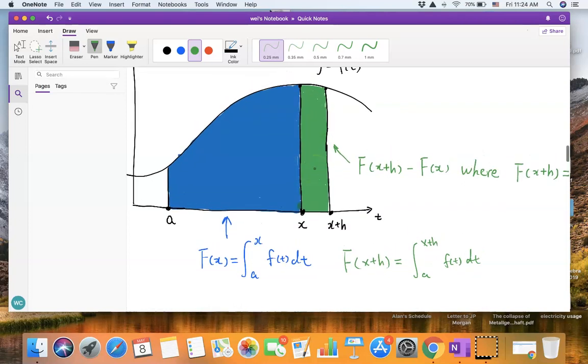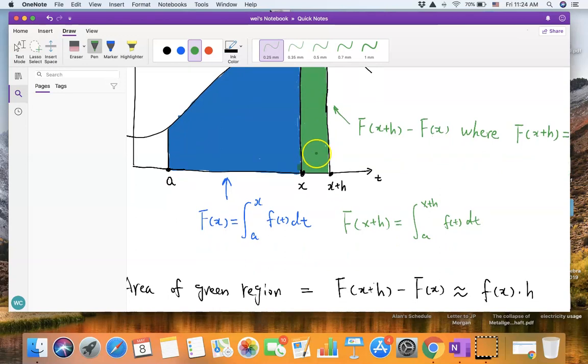right? And since we assume that we just increase x a little bit, the difference between x and x plus h, we know that is h.